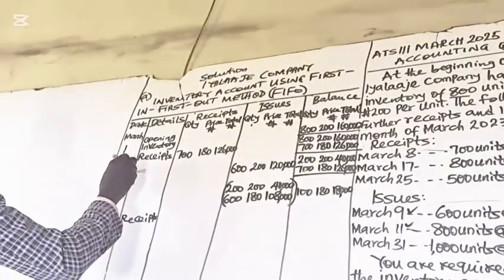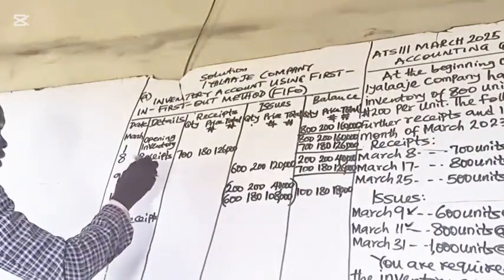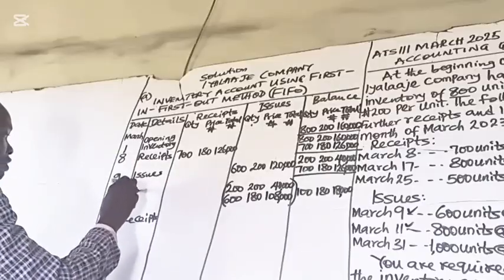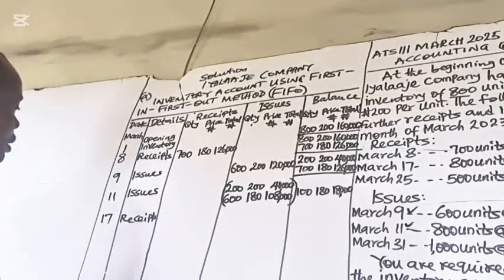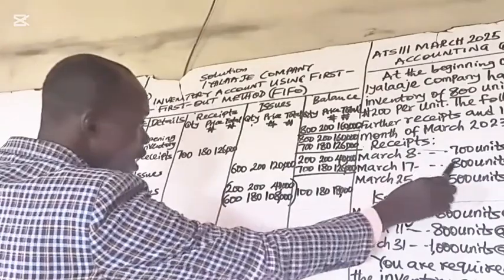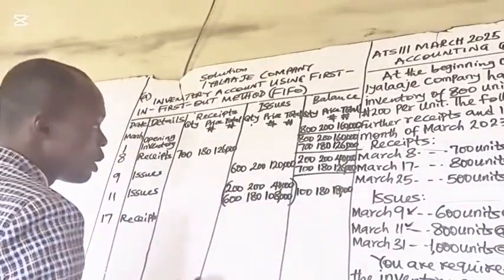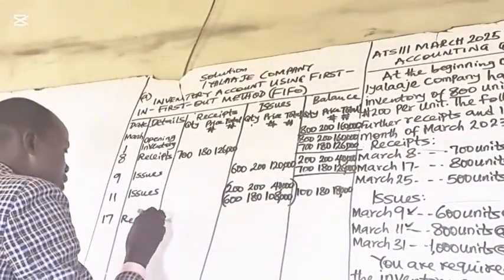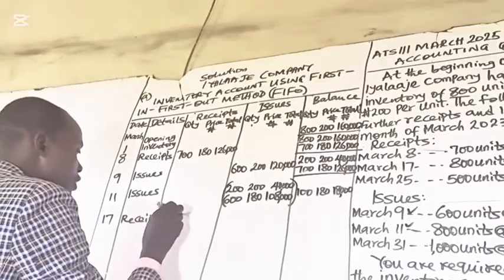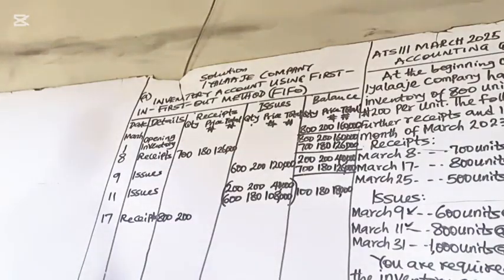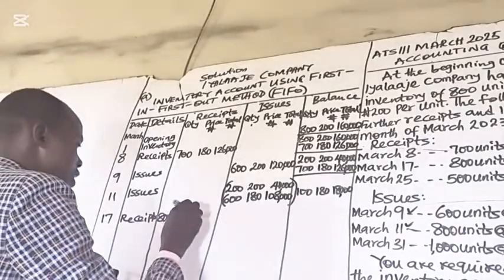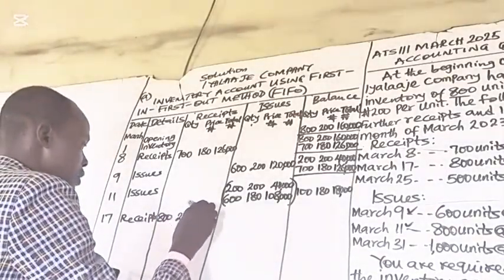Notice on the 9th of March, you have issues. And on the 11th, you have issues. So on the 17th, you have receipt. Receipt of 800 units at the price of 200. You record that under receipt at the price of 200. 800 times 200, that gives us 160,000.